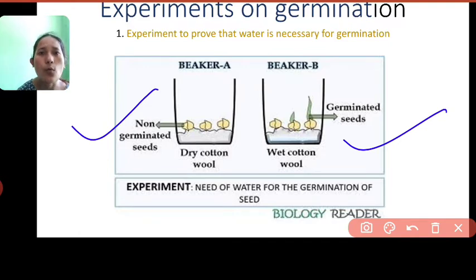This proves that water is very much essential for germination to take place, because in beaker A you did not place water on the seed, but in beaker B you had water. Since you did not have water in beaker A, germination did not take place. So water is very much essential for the germination process.